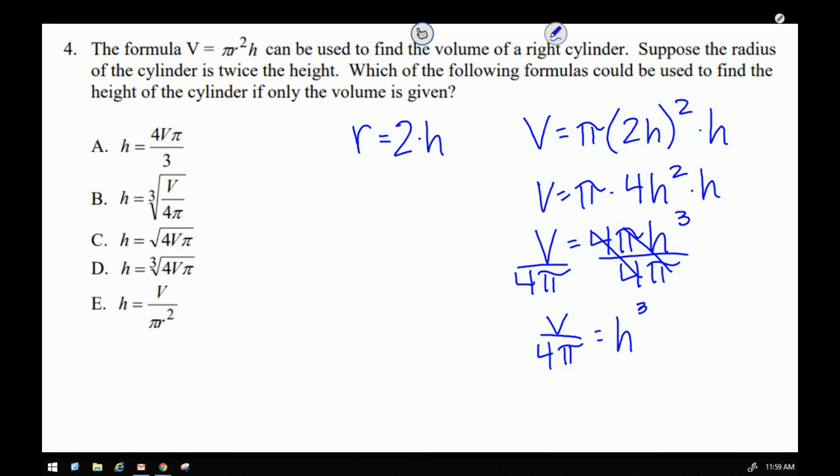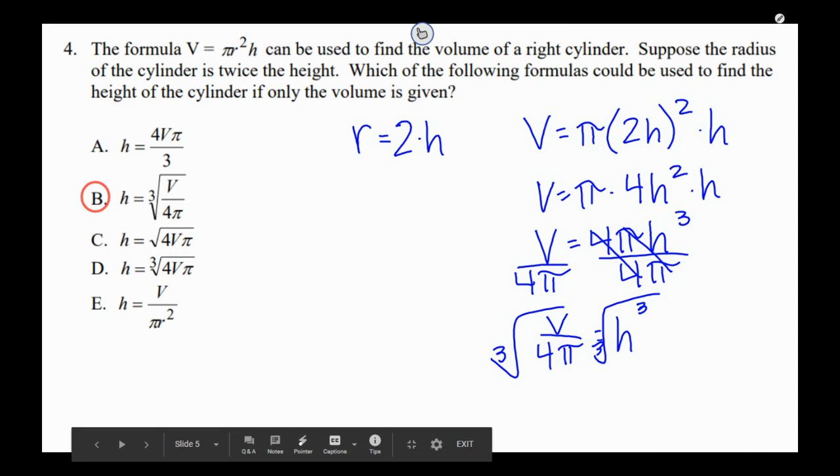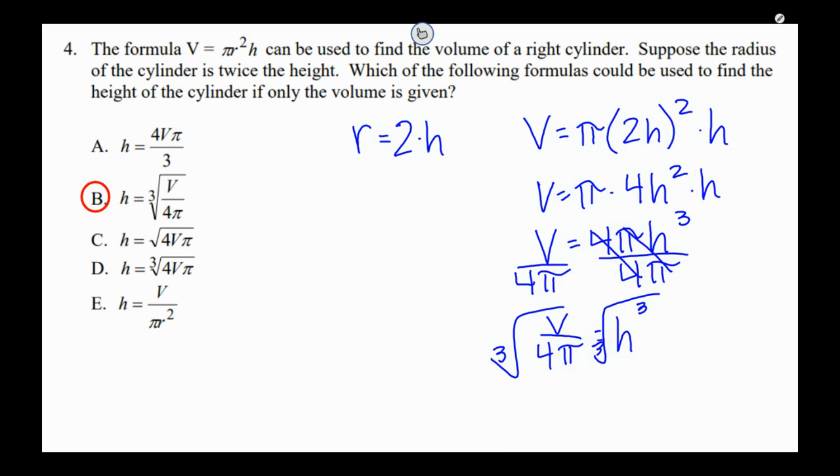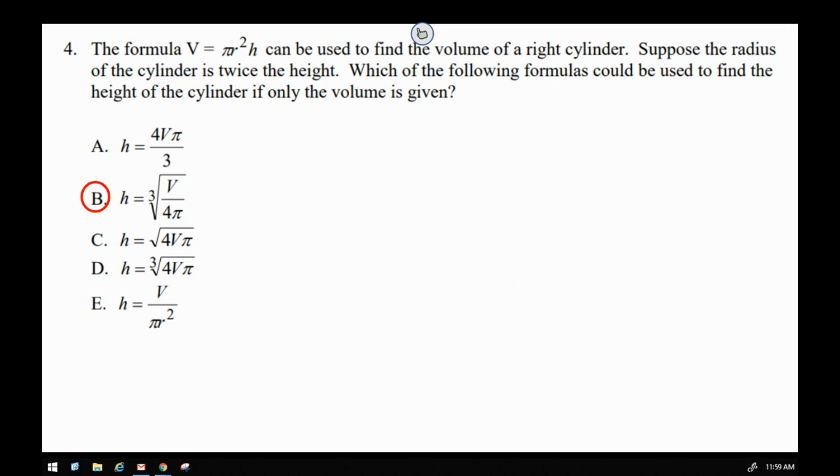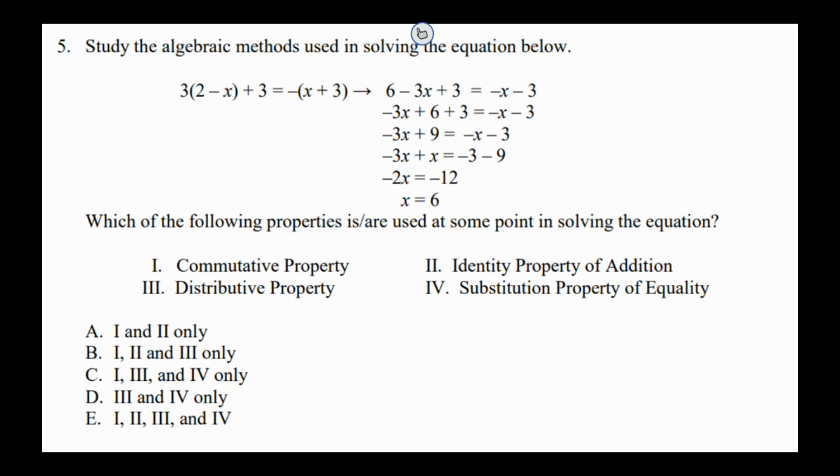To undo that cubed, you have to take the cube root of both sides, which should give you B. That was a little more complex, so I wanted to work through that one.